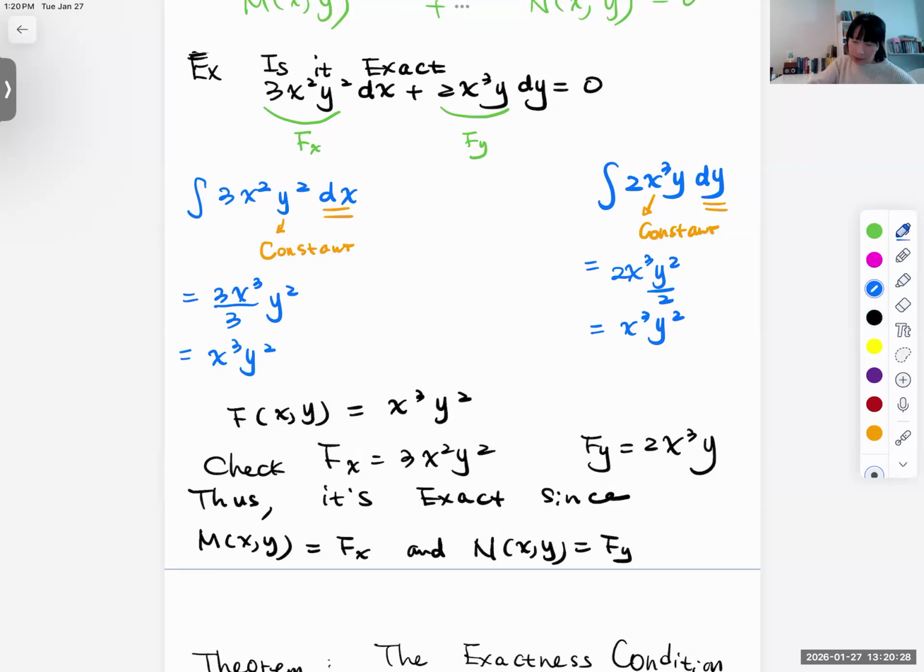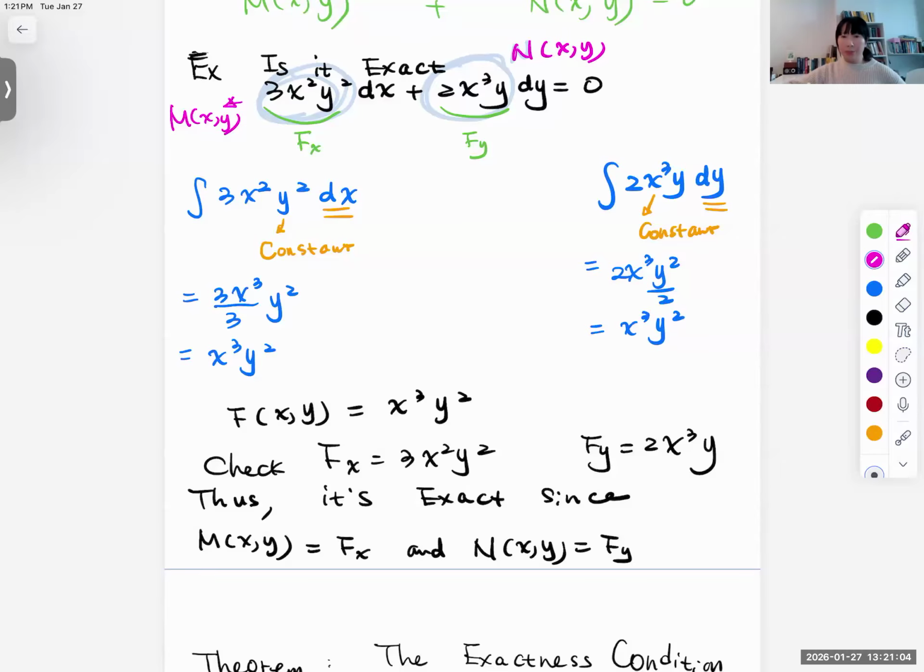So that means this is the equation M of x y, and this is the equation N of x y. Make sense?